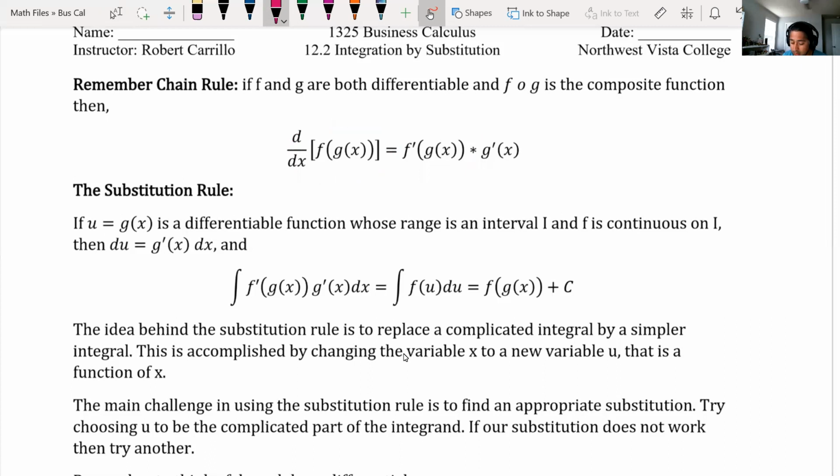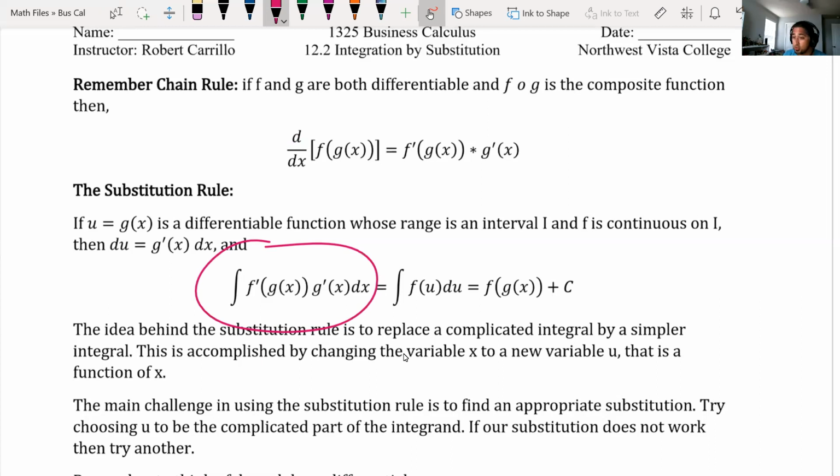So the substitution rule is going to make a difficult integral into a much easier integral that we can find the antiderivative of. Okay, so here, this says the integral of f prime of g of x times g prime of x. So basically, the integral of the chain rule.